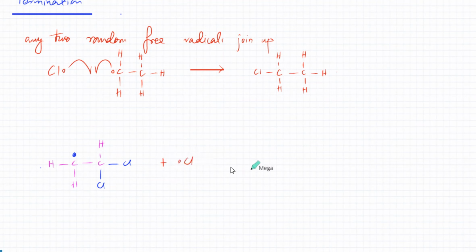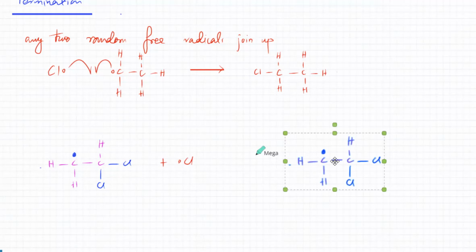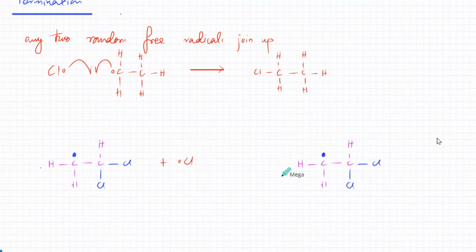Instead of the Cl stealing the hydrogen atoms, why doesn't the Cl just go and join up with that carbon atom? That's a possibility as well. That's termination. If it does that, no new free radicals are produced. Instead, they all get used up. So if the Cl just decides to pair up with this carbon atom over here, that's it, the reaction ends. It's the termination step.